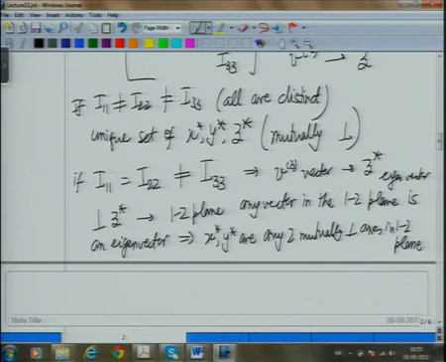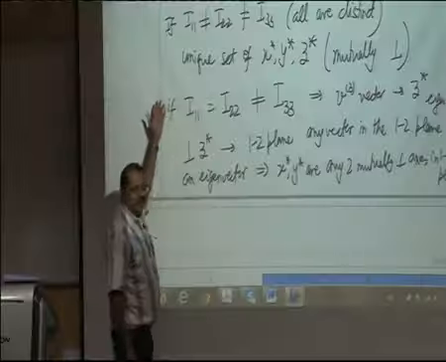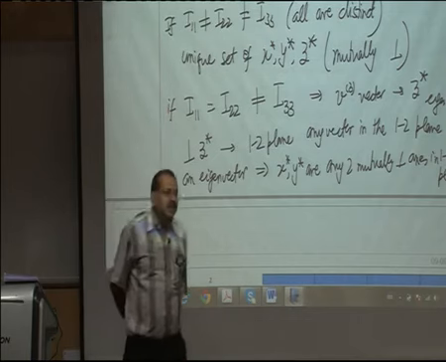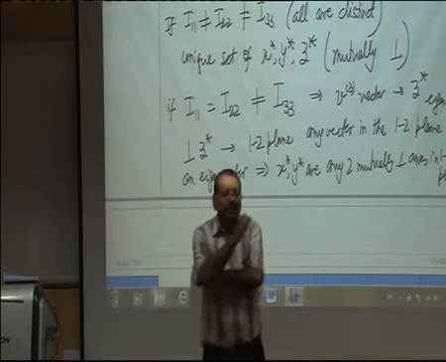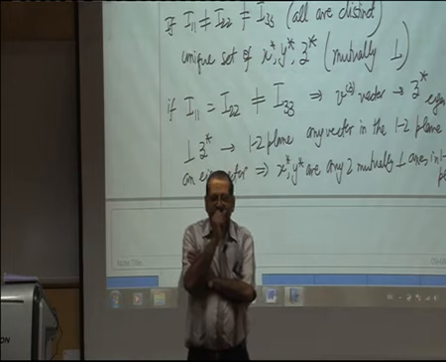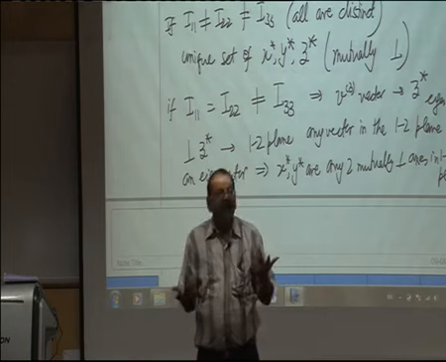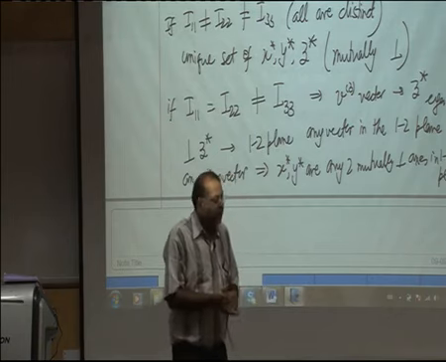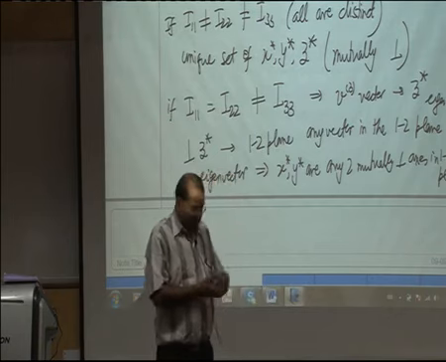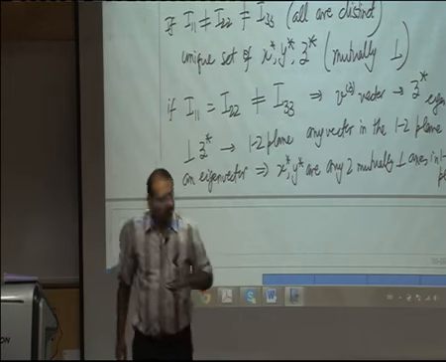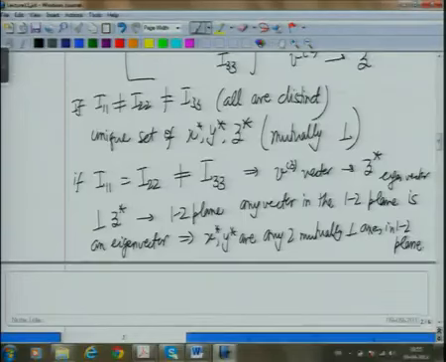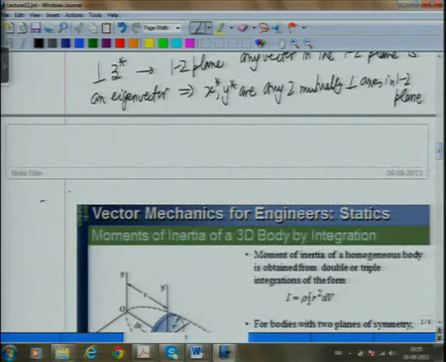Okay, there is one case we have not discussed. What is the third case? If all three are equal, then what will happen? Then any three axes will be the eigenvectors. Pardon? Sphere. Sphere is an example, and I will come to that. So now let's move on to this.